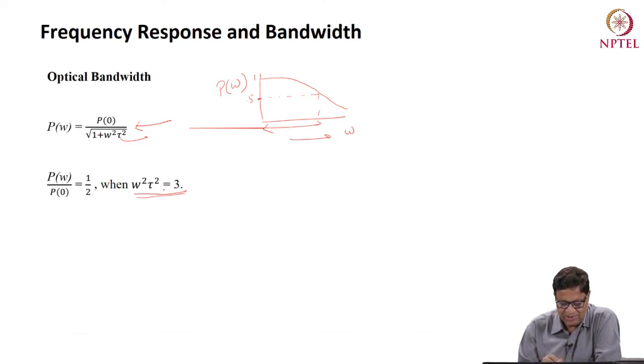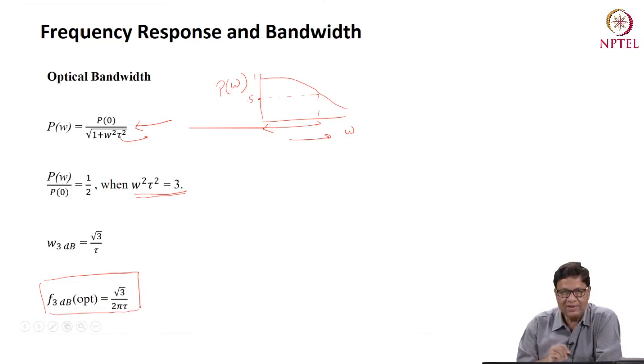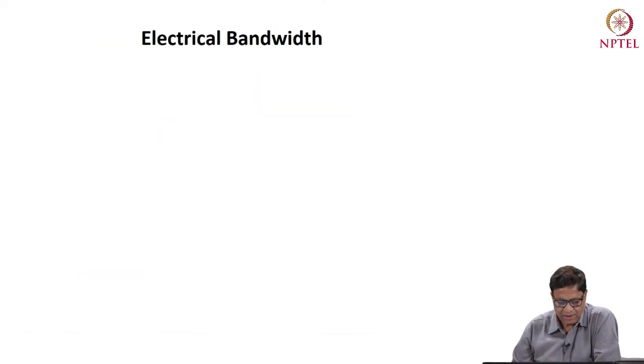At this point we have the 3 dB bandwidth. So omega 3 dB will be root 3 by tau, and in terms of frequency, root 3 by 2 pi tau. This is the 3 dB optical bandwidth of the device.